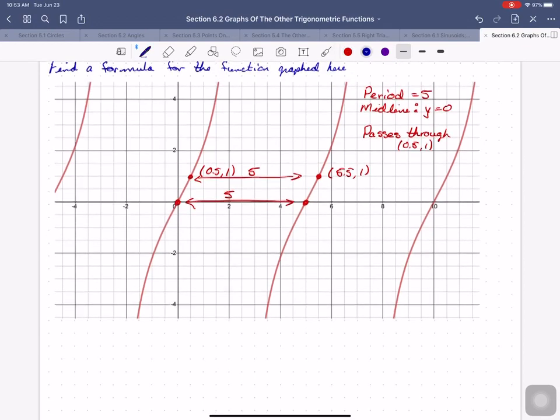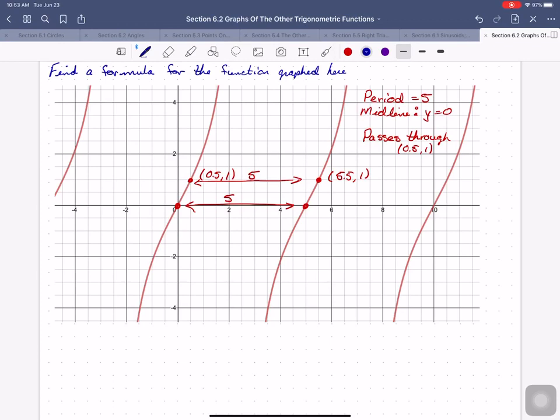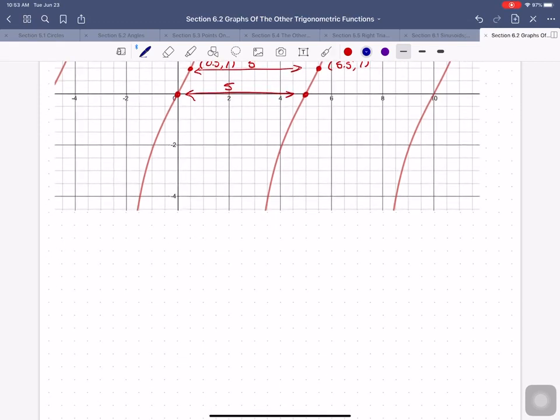We know it's a tangent because it looks like a tangent, right? So I'm going to start with my basic tangent. We already know that the midline is at the x-axis, so c equals 0. We know that the period is 5, and that is pi over b. So b then is pi over 5, right?